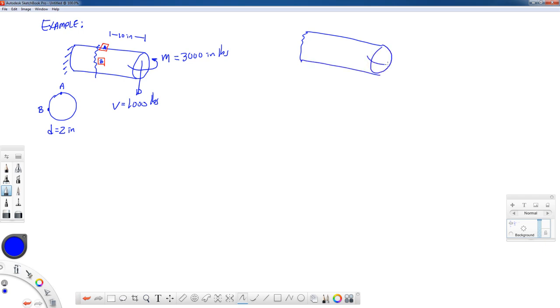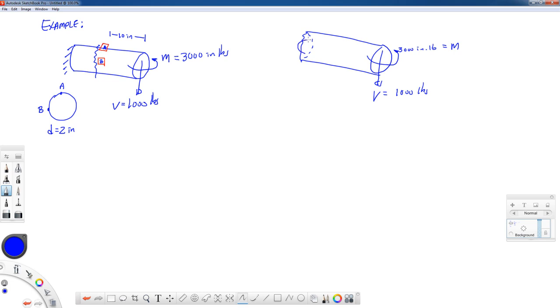We have one bending moment that goes left to right on this cross section. That's a 3,000 inch-pound moment. And then the force coming down, that's a 1,000 pound force. Now, to keep this in equilibrium, we have to have an equal and opposite bending moment.